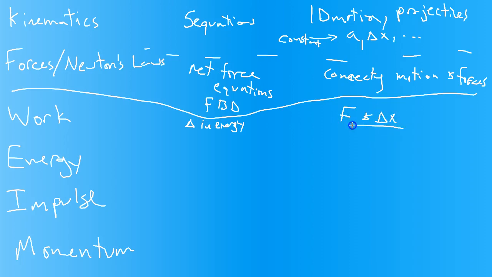If you know that there's a force acting over a distance, that's a clue that we need to use work. So if it says a block slides to a stop over a course of 2 meters, brought to a stop by friction, that's a big clue that you need to use work.